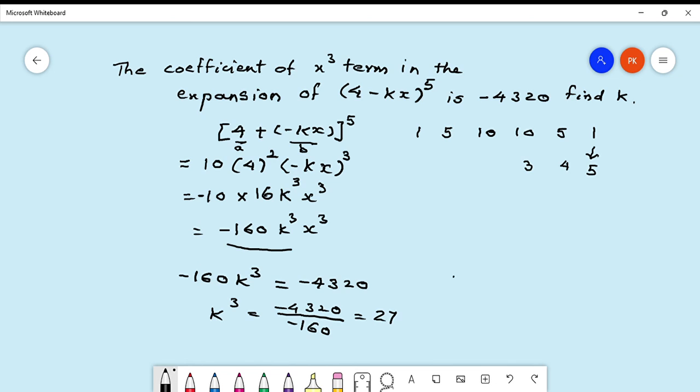So k will be cube root of 27, that is 3. I wish the steps are becoming clear to you. So I'll give you some problems to try yourself as homework. So take these problems for practice.